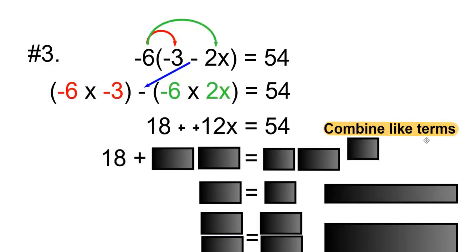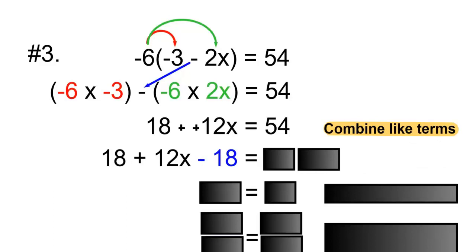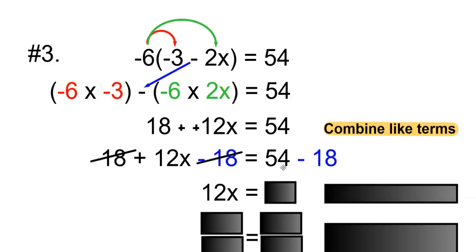To remove the 18 from the left-hand side of the equation, we'll subtract 18. And if we subtract 18 from the left-hand side, we have to subtract 18 from the right-hand side as well. The plus 18 and minus 18 will cancel, leaving us with 12x. And 54 minus 18 is 36.